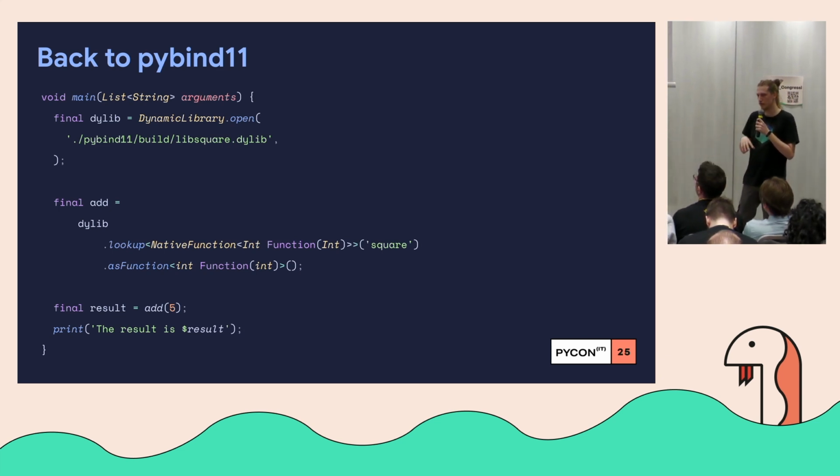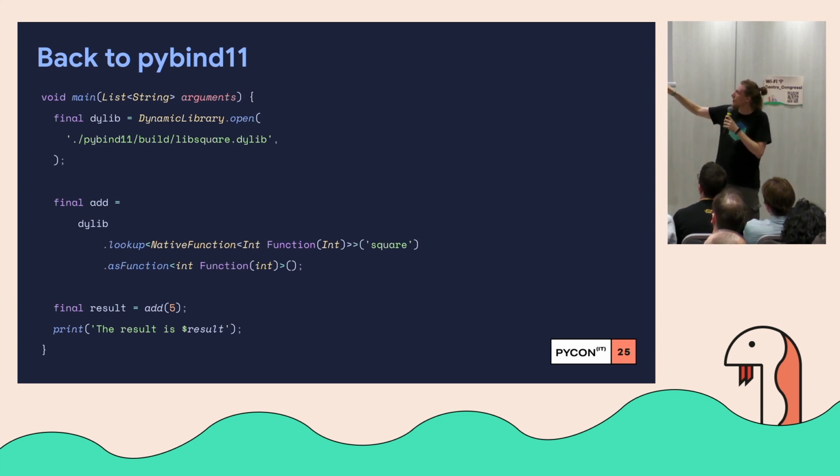So I tried to work with Dart first of all, and so that's my code in Dart, pure Dart, okay? And as you can see, I'm trying to open my dynamic library created with PyBind11, and then I'm mapping, with some methods from the FFI package, I'm trying to point to the square function, call it, and use it.